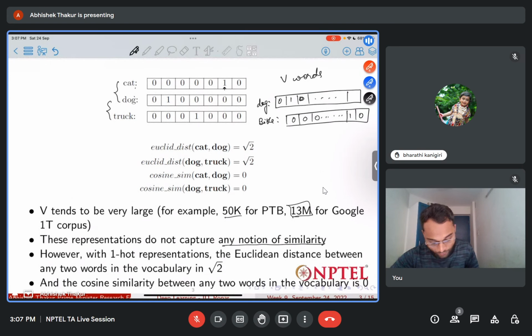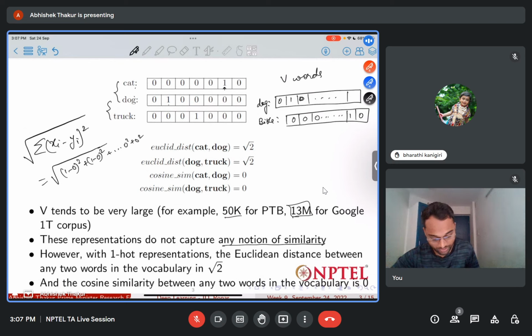We take the square root of the sum of (xi minus yi) squared. Between two words, let's suppose cat and dog, at only two places will there be a difference, 1 minus 0 giving 1, and all others will be 0 minus 0, which is 0. So we get the square root of (1 minus 0) squared plus (1 minus 0) squared, plus all other terms being 0 squared. So we get root 2.